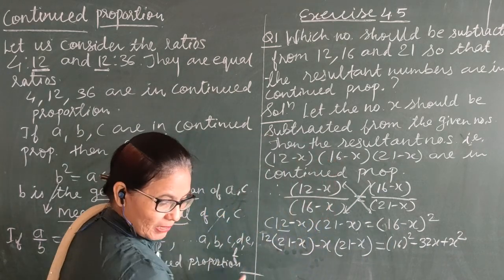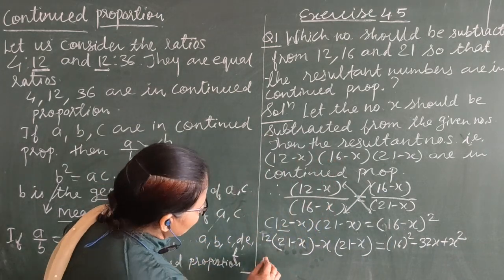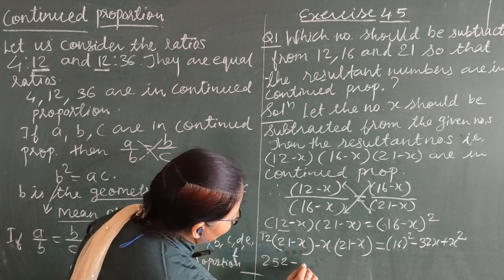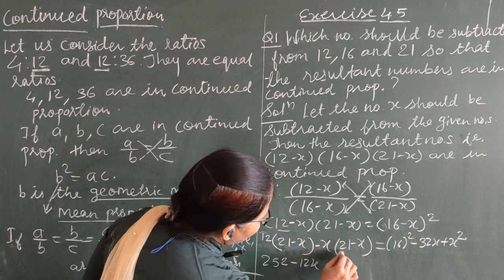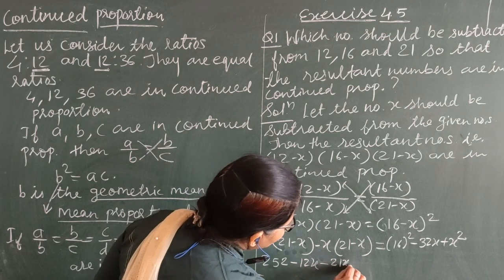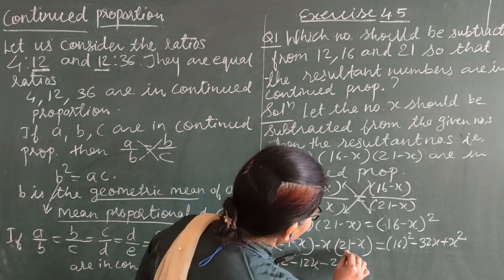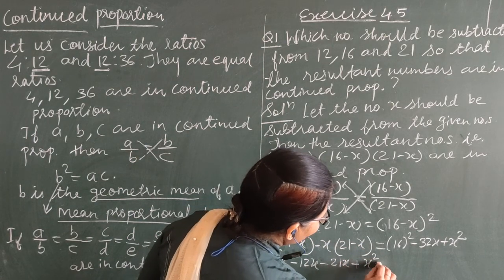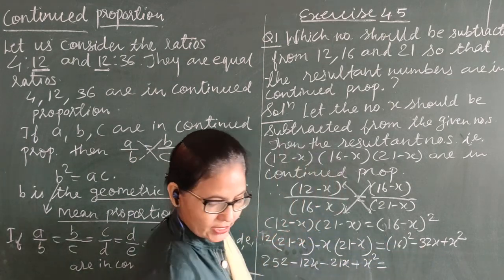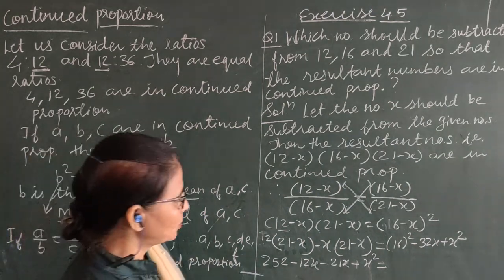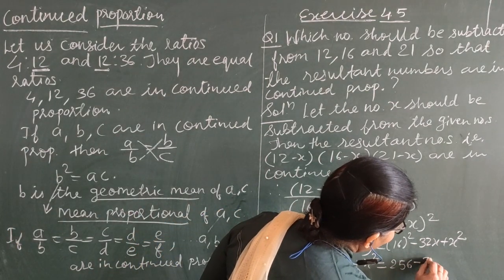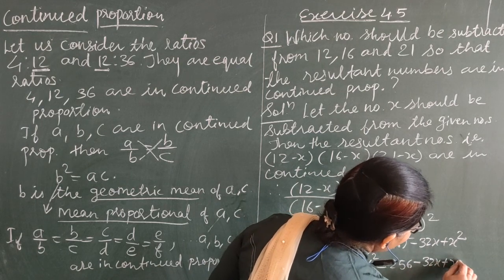Now let's multiply. 12 into 21 is what? 252, minus 12 into x, 12x. Here again minus 21x. And here minus into minus is plus, so you will get x square, is equal to 16 square. 16 square is what? 256 minus 32x plus x square.